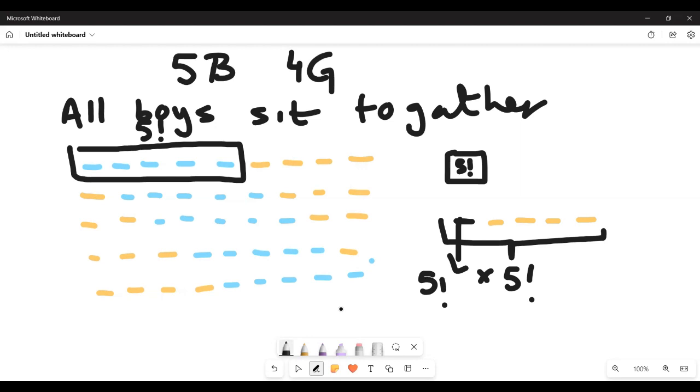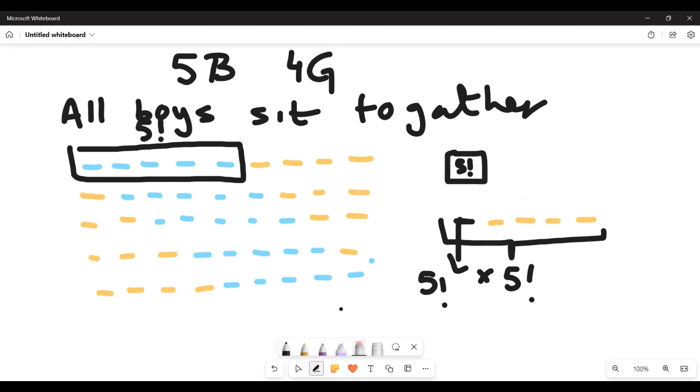Whatever 5 factorial times 5 factorial is, that's the answer.